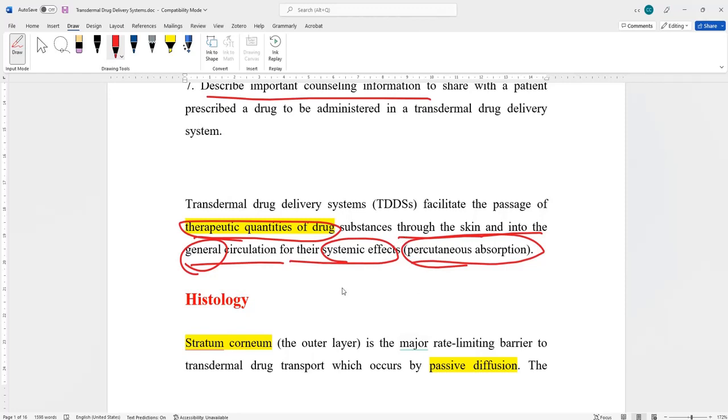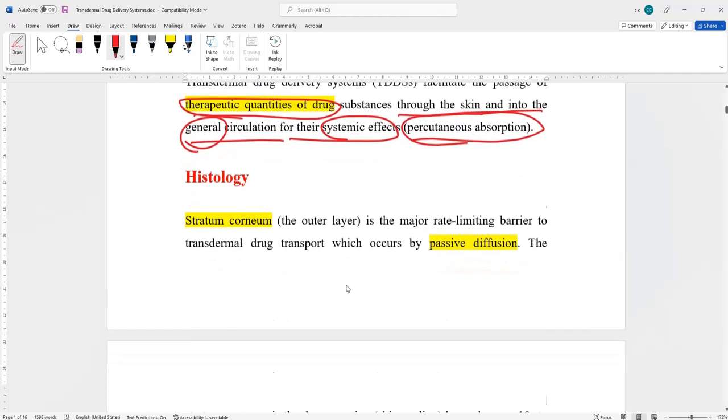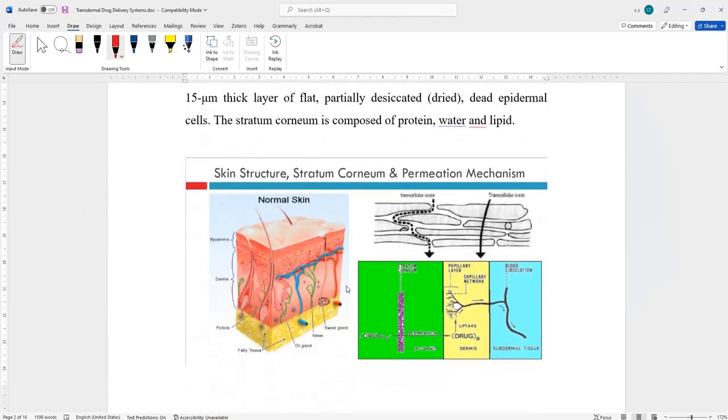For the physiology or the histology of the skin, we need to understand the skin in order to see how we can influence drug absorption and what can affect drug absorption. You see here the epidermis, this area here, and then you have the dermis.